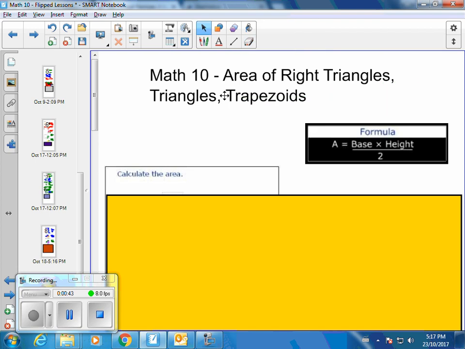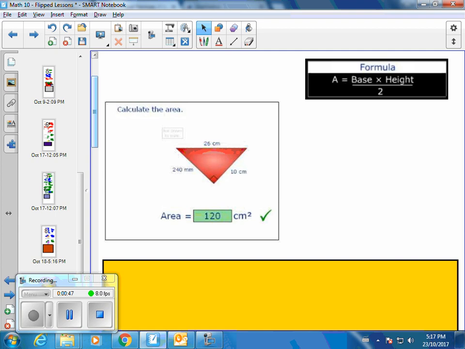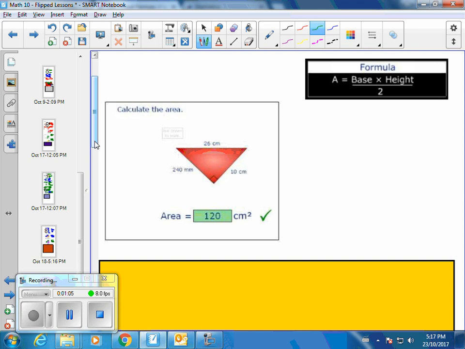So what we're going to be starting with is the area of triangles. Now, the formula for the area of a right triangle isn't all that different from other kinds of triangles. But with right triangles, it's easier for us to figure out exactly which parts of the equation are which.